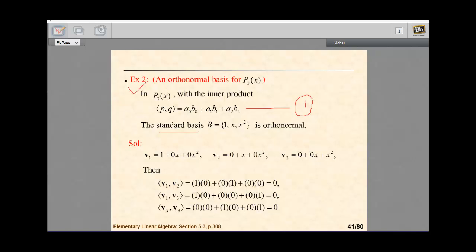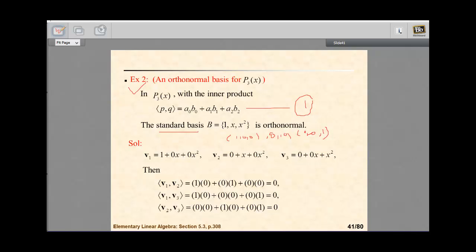If you remember, the standard basis for 3 dimensions is 1 0 0, 0 1 0, and 0 0 1. The standard basis for 2 dimensions will be 1 0 and 0 1. The standard basis for n dimensions will be 1 0 0 0 0, and so on. These are called the standard basis.